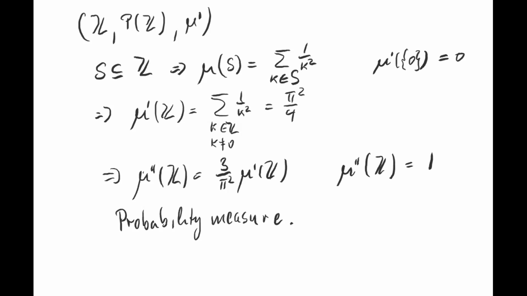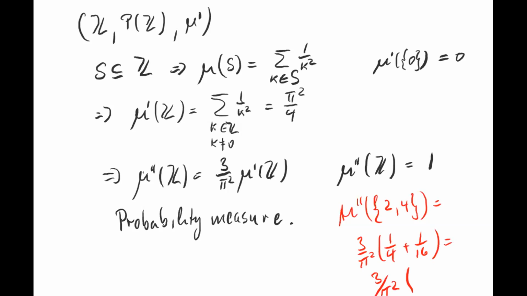But then you could do something like the probability mu double prime of the set consisting of 2 and 4, you can compute, is now 3 over pi squared times a quarter plus 1/16. For any set, you can compute that.